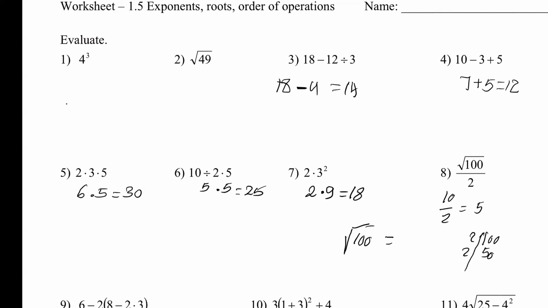Divide by 2, 25. Divide by 5, 5. Divide by 5, 1. Meaning root of 2 times 2 times 5 times 5.